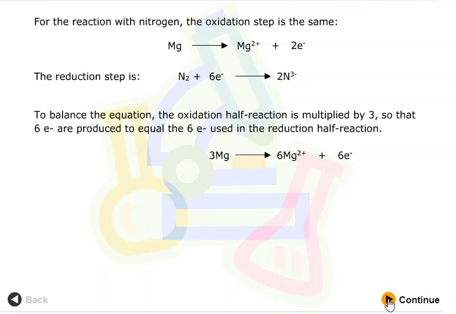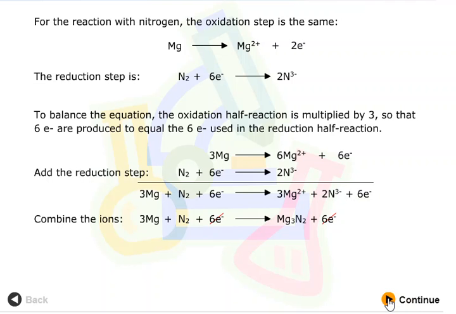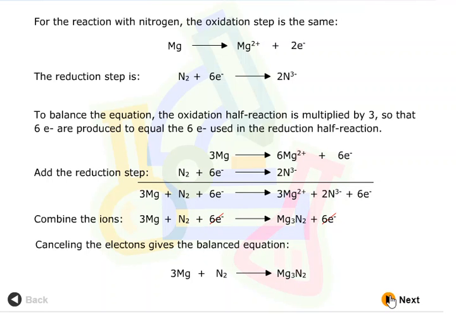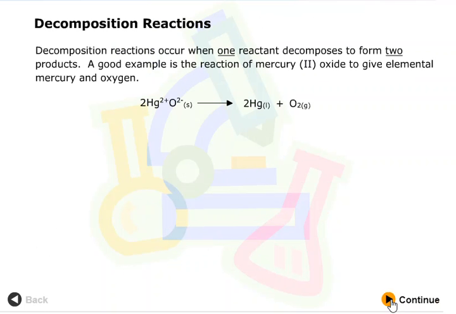To balance the equation, the oxidation half reaction is multiplied by 3 so that 6 electrons are produced to equal the 6 electrons used in the reduction half reaction. So 3Mg plus N2, and by cancelling the electrons, the balanced equation remains this: Mg3N2.